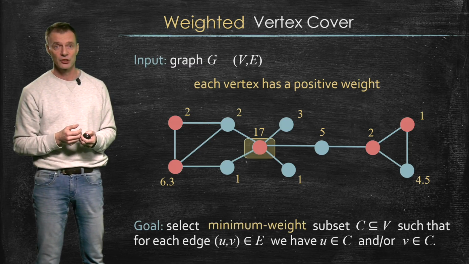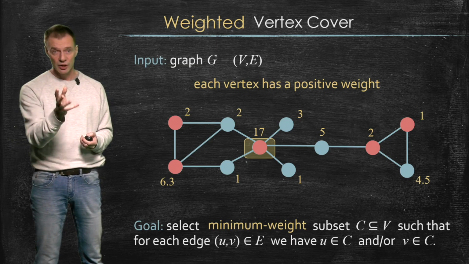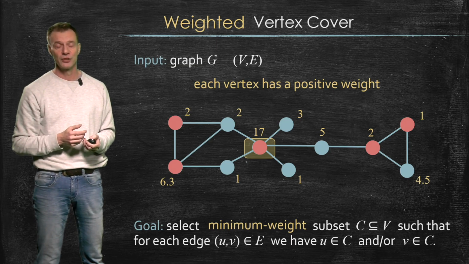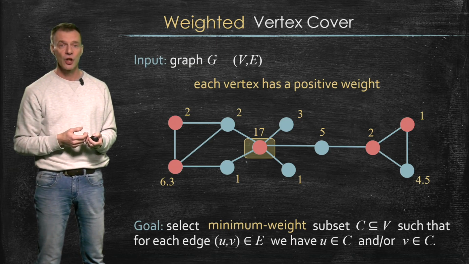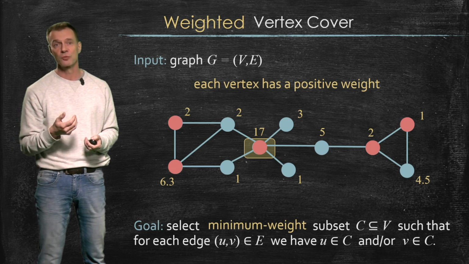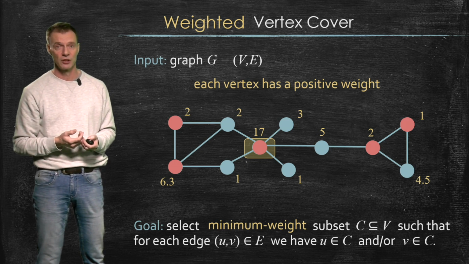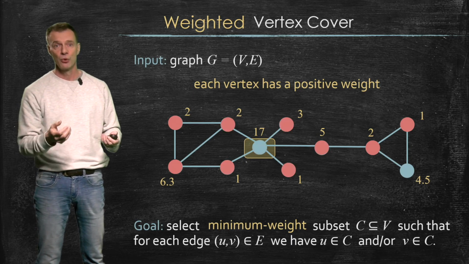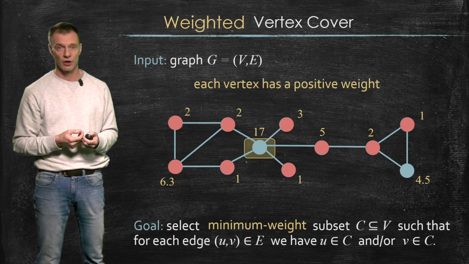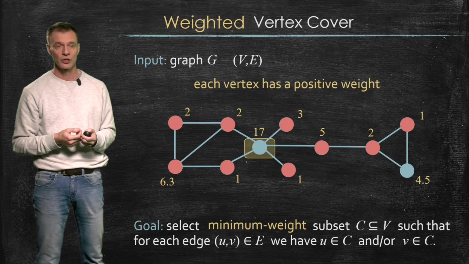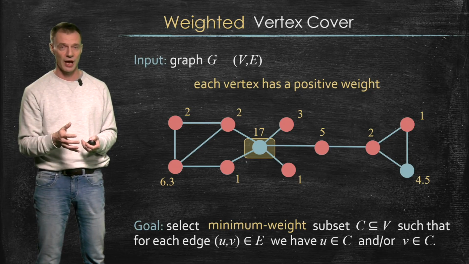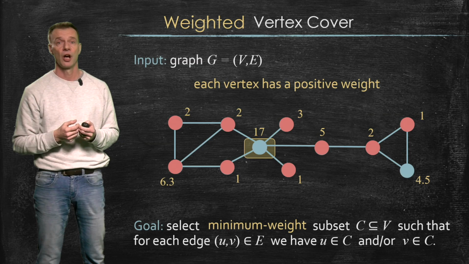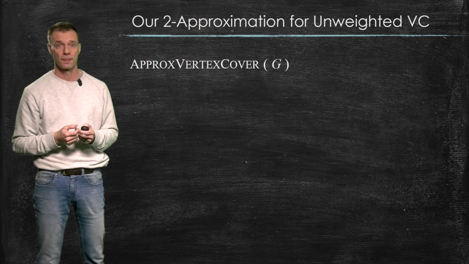In this example, this node covers a lot of edges, but it's very expensive. Its weight is 17. So here it would be better not to put this very expensive node into the cover, but instead put these 4 other nodes into the cover. So this is the problem we're going to look at now, the weighted version of the vertex cover problem.